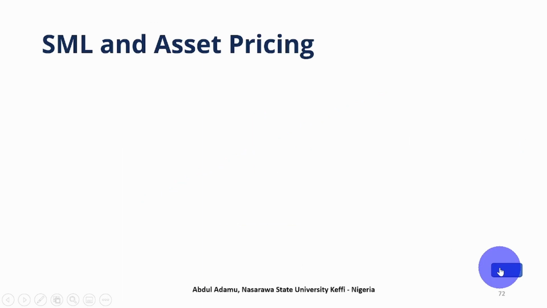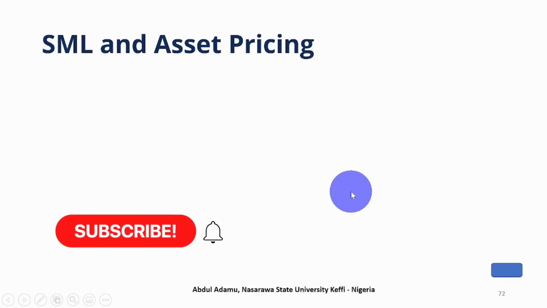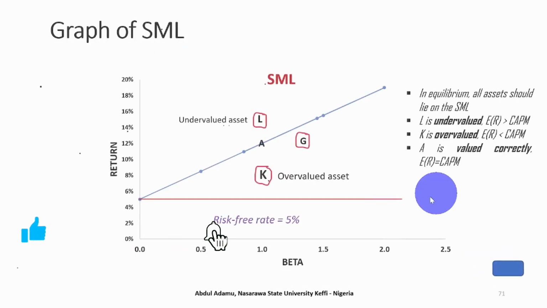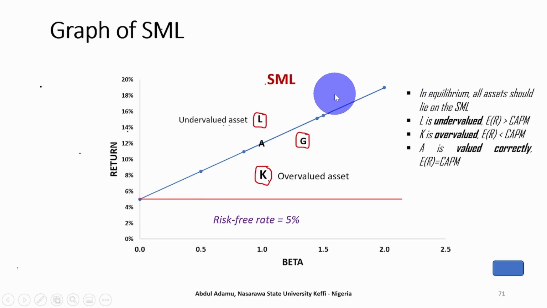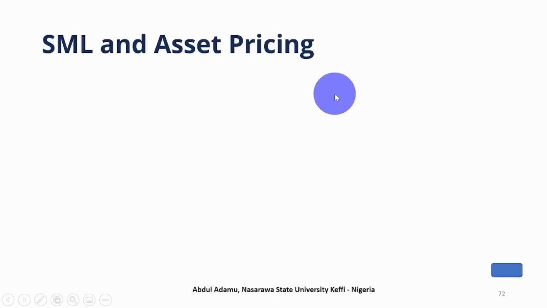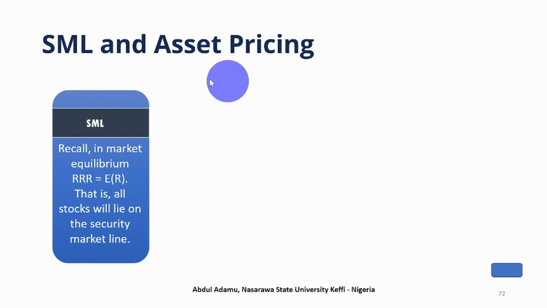So if you compare this to our value, this is what we got from the line. Now, what do we normally use the security market line for? We use it for asset pricing. Like I stated earlier, in market equilibrium, the required rate of return and the expected return are equal.